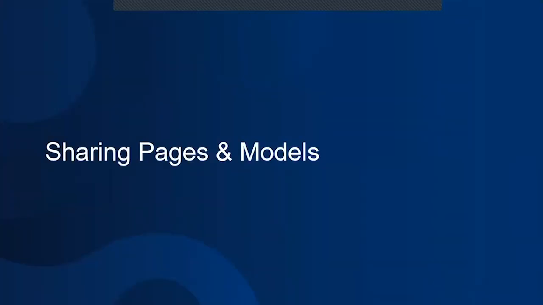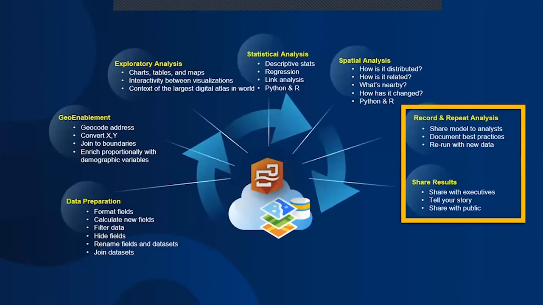And the last part of the workflow analysis in ArcGIS Insights is sharing the results through pages and models. And here, again, it depends who will be the audience of these results.